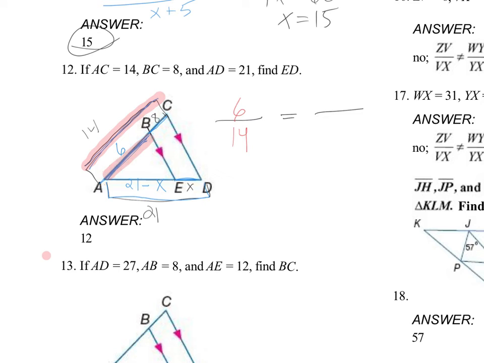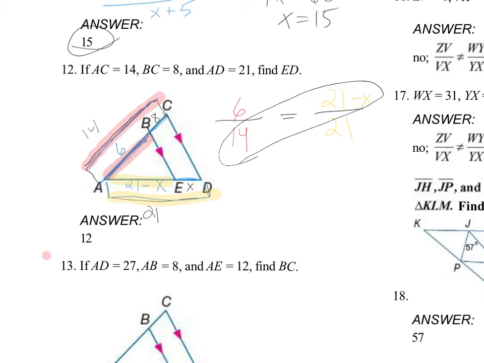And then we're going to look here, and this is going to be on the smaller triangle, 21, or sorry, 21 minus x, and proportional to this whole thing, which is 21.